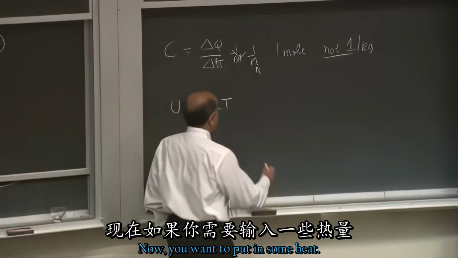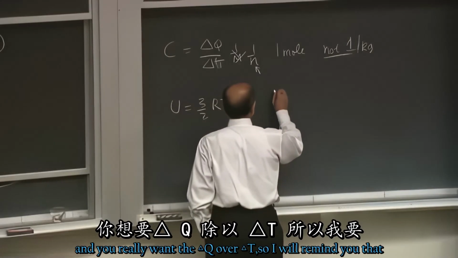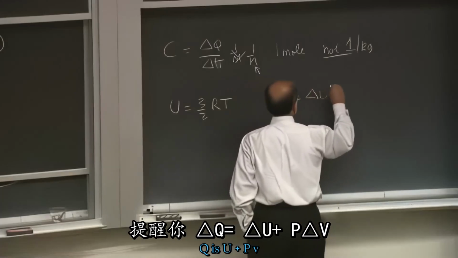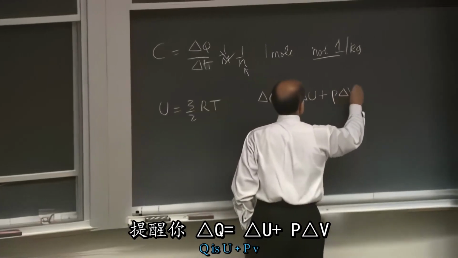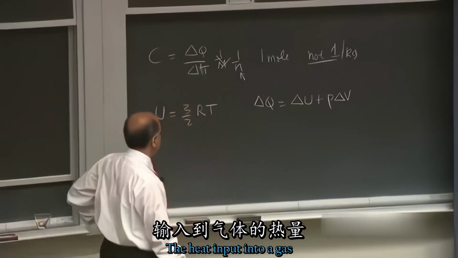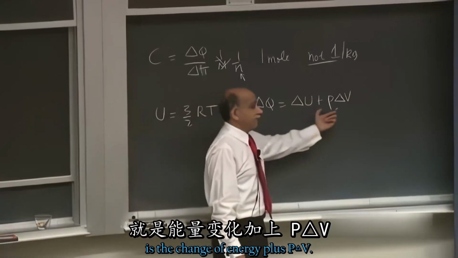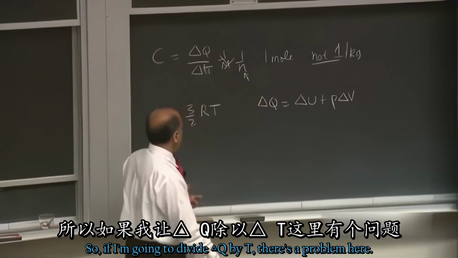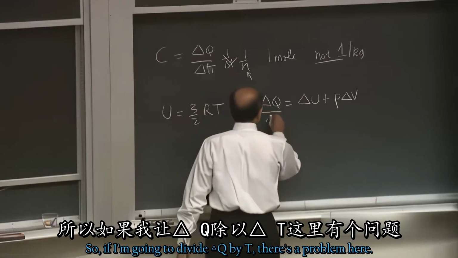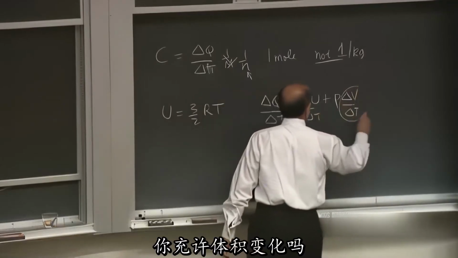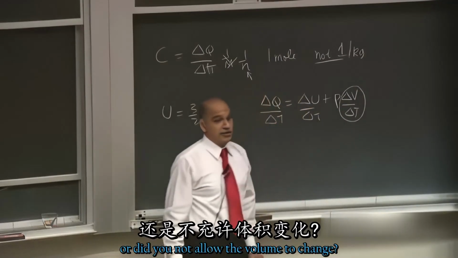Now you want to put in some heat, and you really want the delta Q over delta T. So I remind you the delta Q is delta U plus P delta V. The heat input into a gas is the change in energy plus P delta V. That's just from the first law. So if I'm going to divide delta Q by delta T, that's a problem here. Did you allow the volume to change or did you not allow the volume to change?